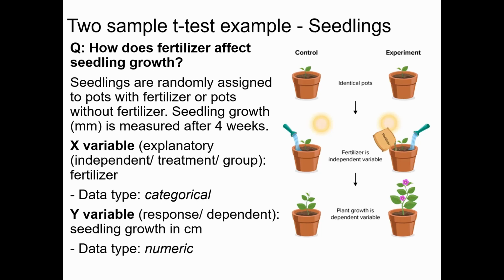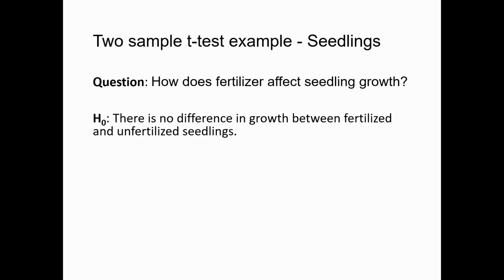And the data type for your Y variable is numeric. So that meets the first bunch of assumptions, right? You've got randomly assigned treatments, a numeric Y variable, and a categorical X variable. So fleshing out this example more, the question again: how does fertilizer affect seedling growth?